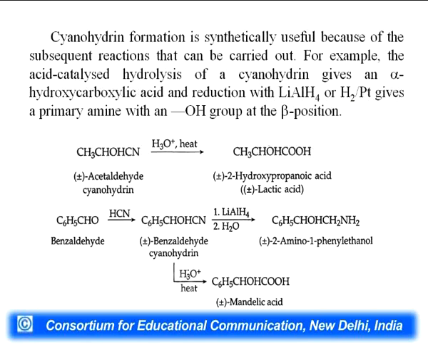So, in the reaction, acetaldehyde cyanohydrin on hydrolysis with heating will give you 2-hydroxypropanoic acid. Benzaldehyde will first give benzaldehyde cyanohydrin with hydrogen cyanide, and further two reactions are there. First, when reduced it will give you 2-amino-1-phenylethanol, and when hydrolyzed it will give you mandelic acid.